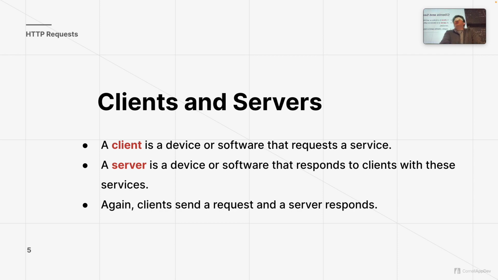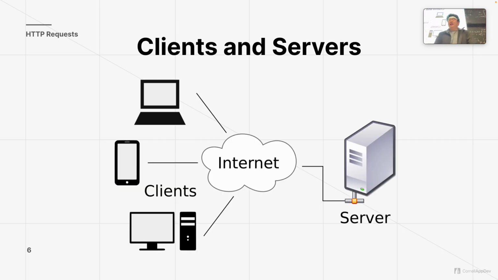Before we go into how the request structure works, we want to make sure you understand what a client and a server is. A client is a device or software that requests a service, and a server is a device or software that responds to that client with a service. In the course so far, the client has been the iPhone or the iOS app that you're developing.